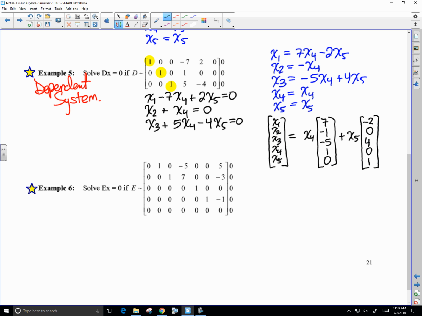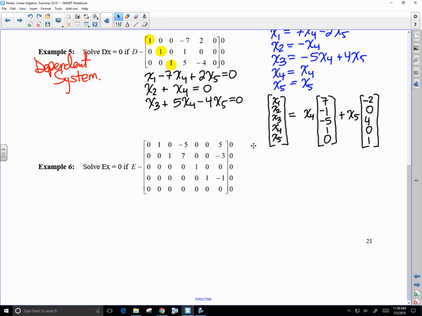Okay. So instead of actually writing all of your equations just to move things around, you could just kind of cut to the chase. So let me just address that. Here's x1, 2, 3, 4, 5, 6, 7.